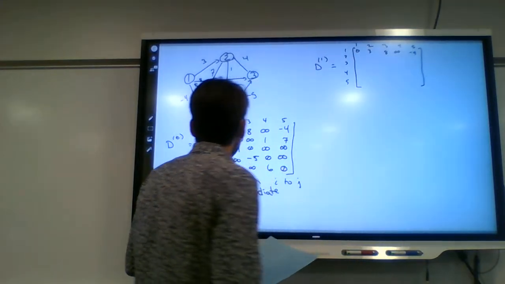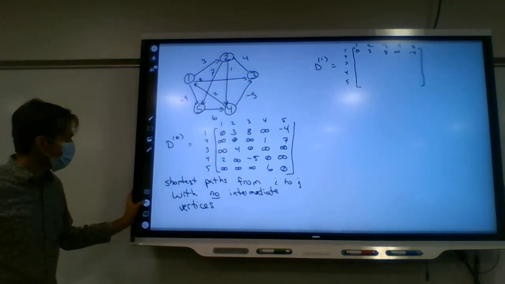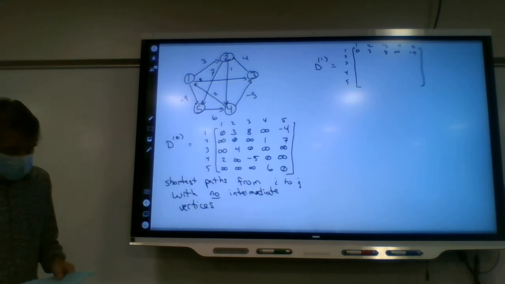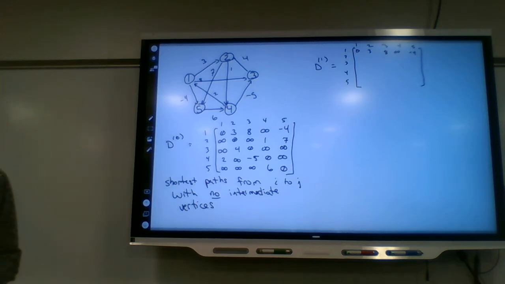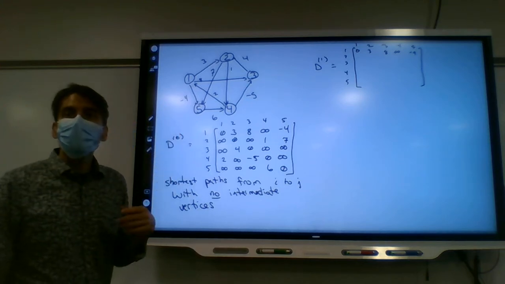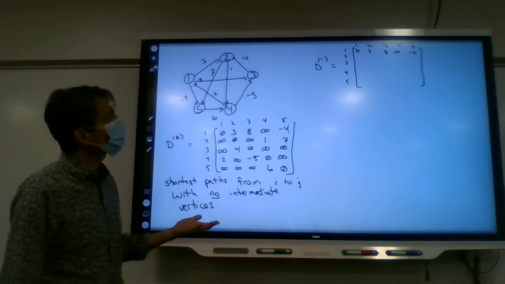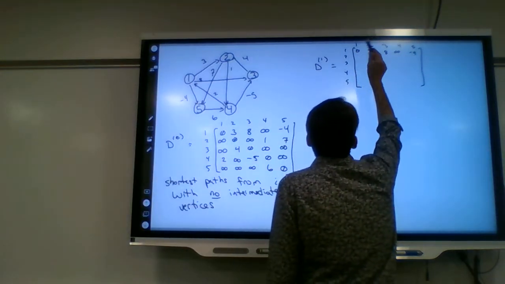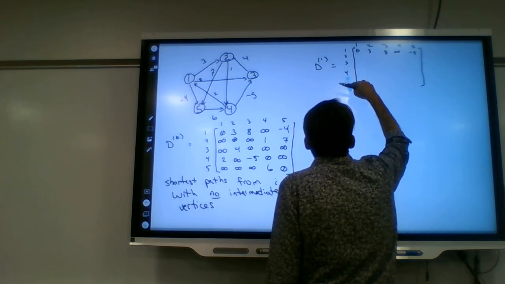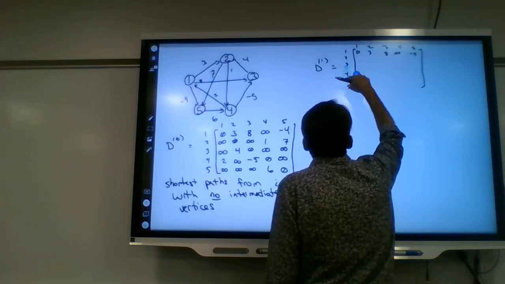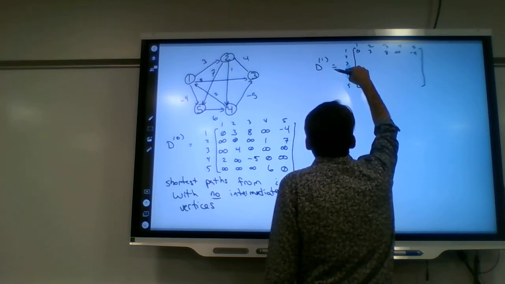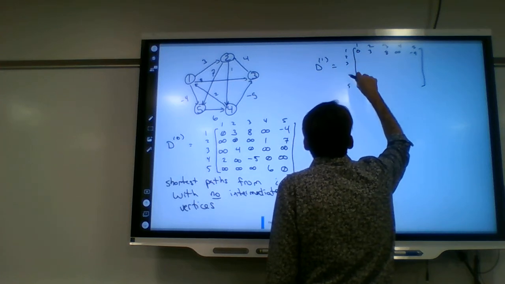All right, let's see what happens in terms of the other situation. We want to see to go from 2 to 1, and we're allowed to go through vertex 1 if we want to. It's not worth it.